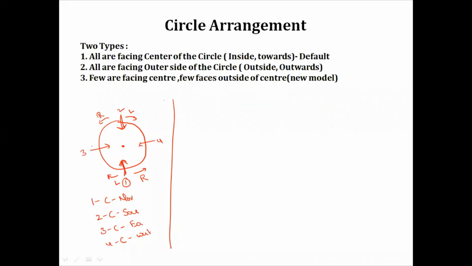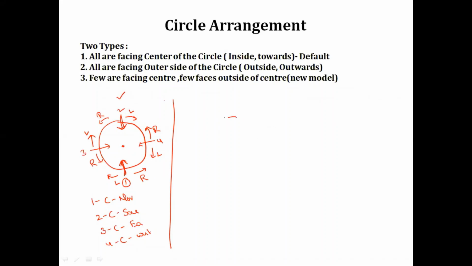Person 3 facing east, so this will be the left side and this will be the right side of him, and person 4, this will be the right side and this will be the left side. So what we can understand, when we observe clockwise and anti-clockwise, sorry, right is anti-clockwise direction, left is clockwise direction in this case.